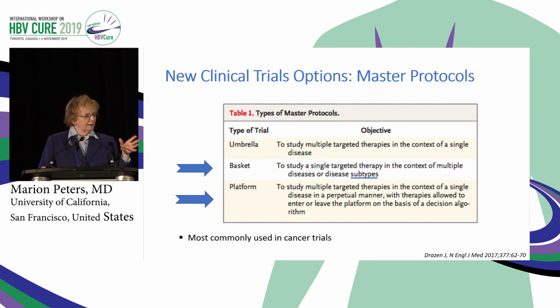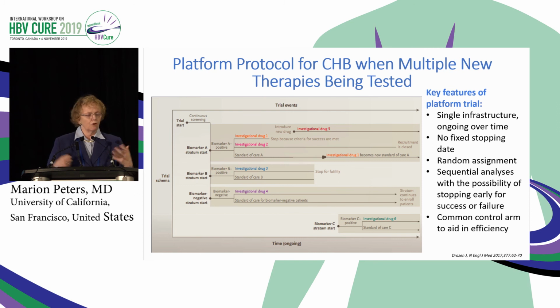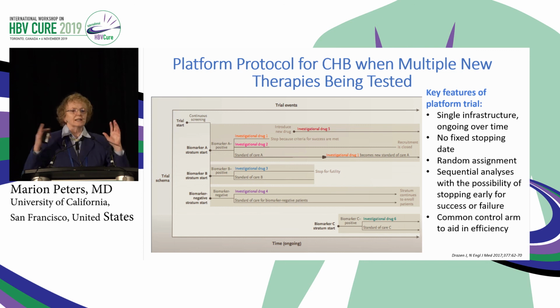I won't mention basket, which is throw everything in and ask the statistician to work it out, but I will mention platform, because platform is very interesting because it's what's used in cancer trials with a single infrastructure, random assignment, sequential analysis with early stopping rules and a common control arm, but it really requires collaborative efforts with multiple stakeholders to provide the drugs, provide the patients, and assess them.